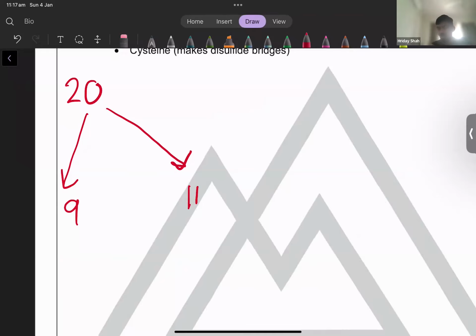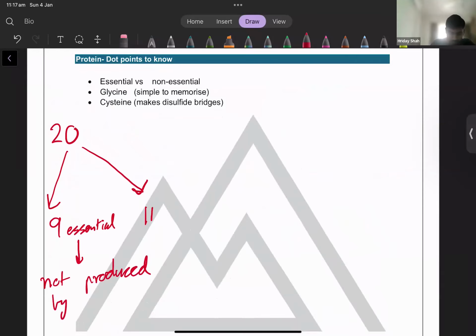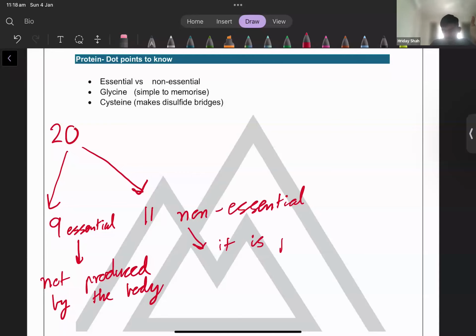That's not quite how we're using it in bio. For biology, essential means it's not produced by the body, and non-essential means it is produced by the body.